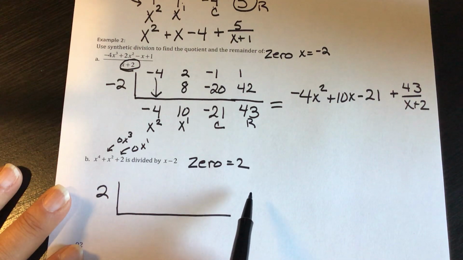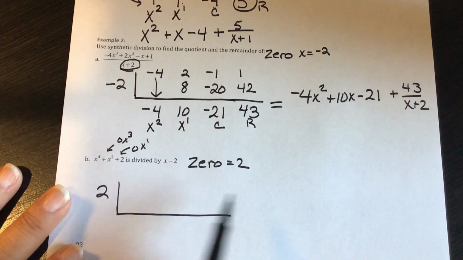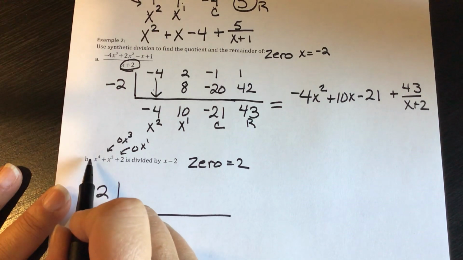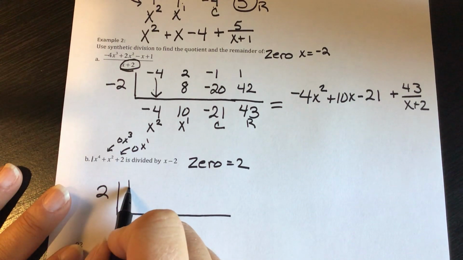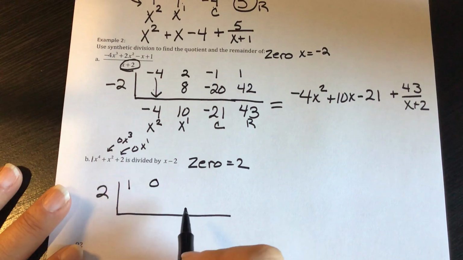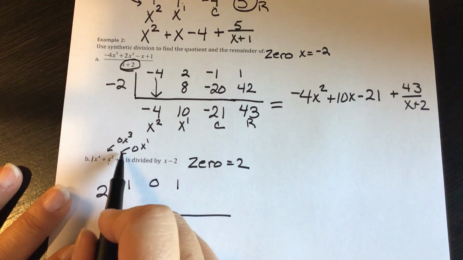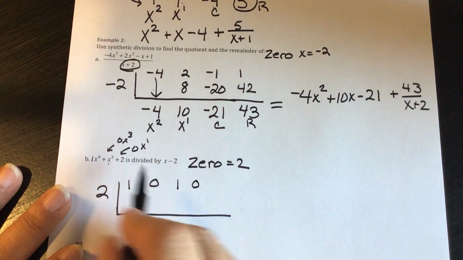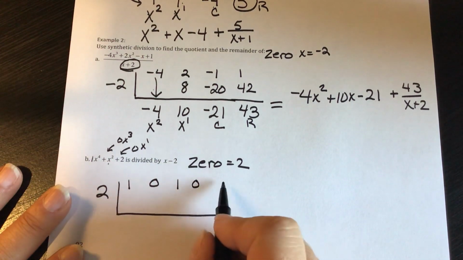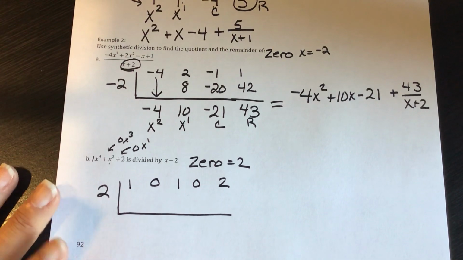Again, I'm holding my place for those values. So my coefficients are 1x to the fourth, 0x to the third, 1x squared, 0x to the first, and 2 as my constant.